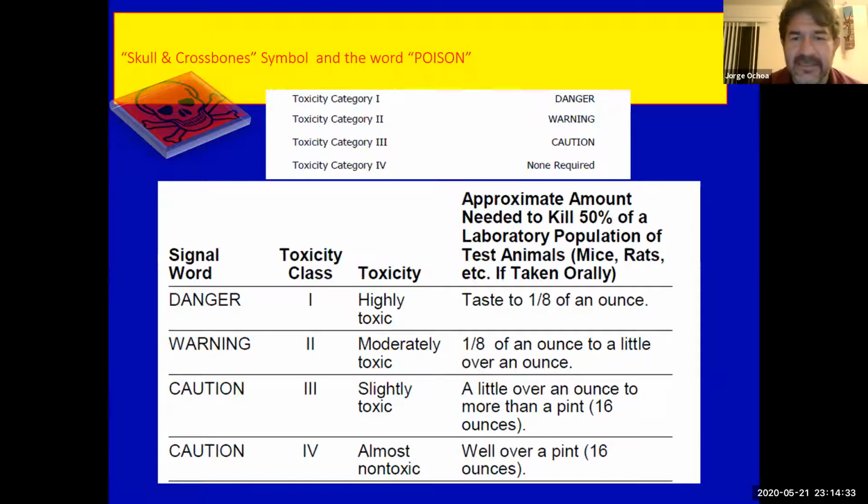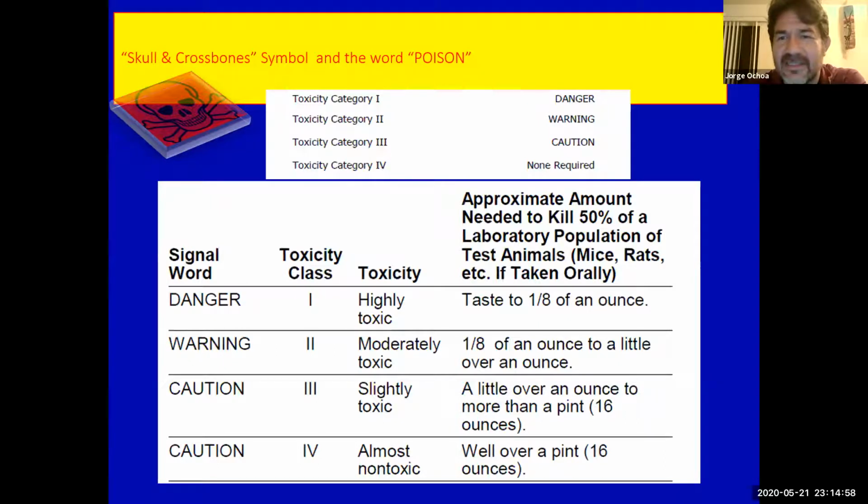But as a general category, when we're looking at a product that is danger, we're going to have about 1/8 of an ounce that will kill a population of animals, and that's going to be referred to as the LD50, lethal dose 50.